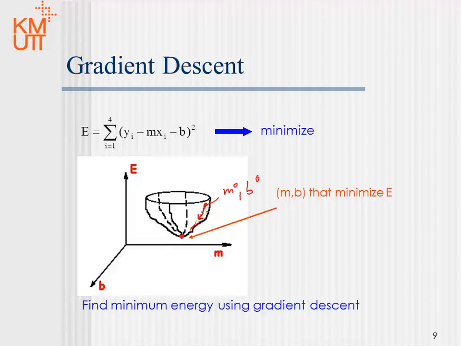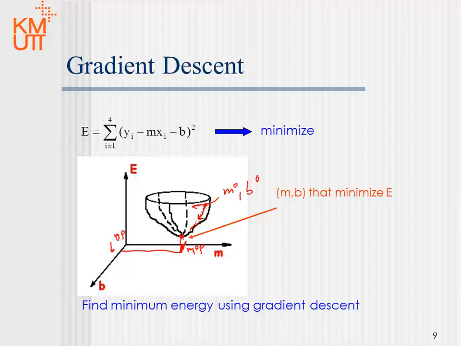We're going to decrease M, for example, to head this way towards the ideal M and B. So maybe it's like that, and this is like that. This is the value of M that's optimal, and this is the value of B that's optimal.